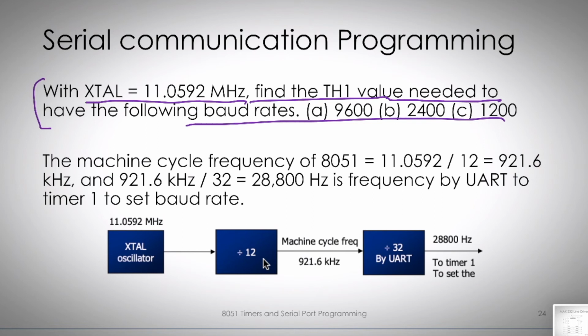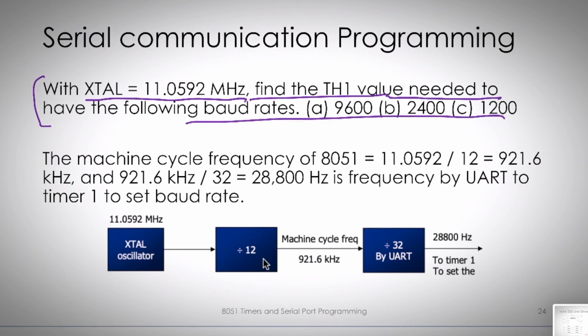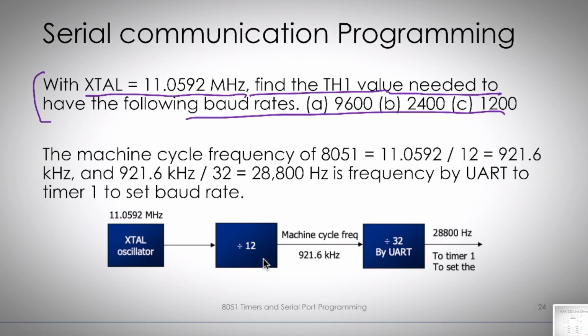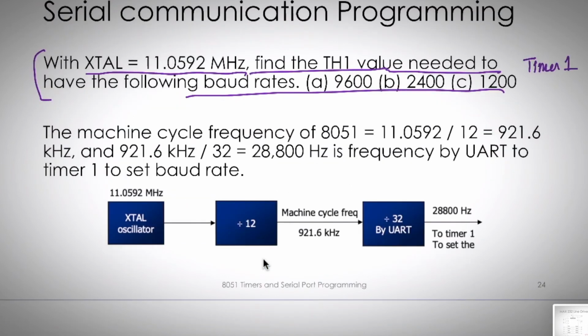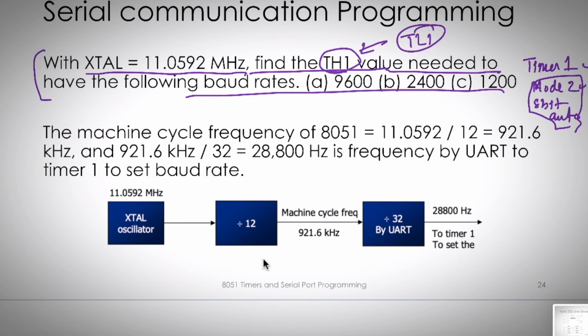We need to use timer 1 in mode 2. Mode 2 is 8-bit auto reload mode, right? Since we are using timer 1 in 8-bit auto reload mode, the initial value can always be stored in the TH register, because the TH register will copy this content to the TL register, and the TL register will start counting once the timer run bit is set.